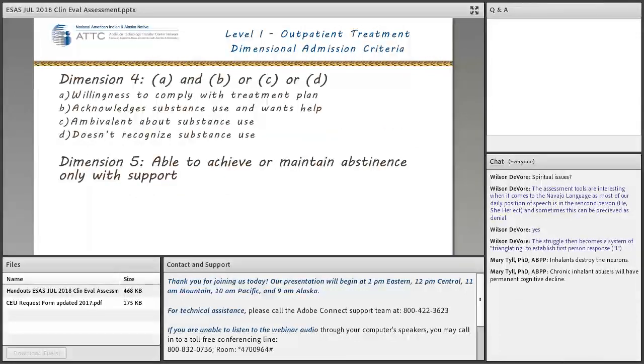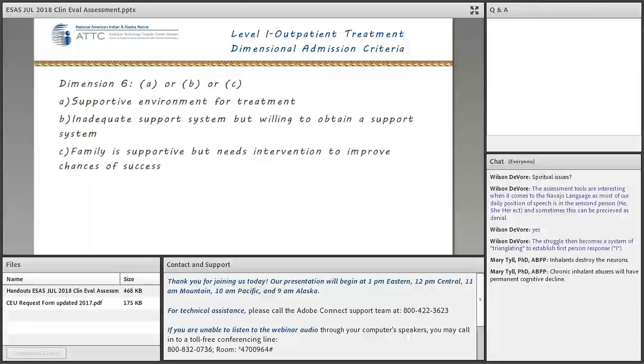Dimension 4 would be A and B, or C or D. They have a willingness to comply with treatment, and they acknowledge substance use and want help. So it'd be C or D. Dimension 6 is A or B or C, so they would meet one of these. Maybe they have family support, but they need intervention to improve chances of success.